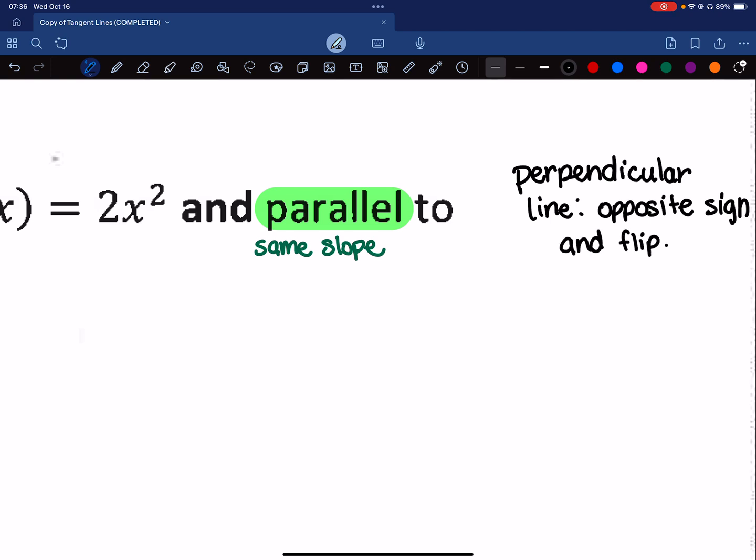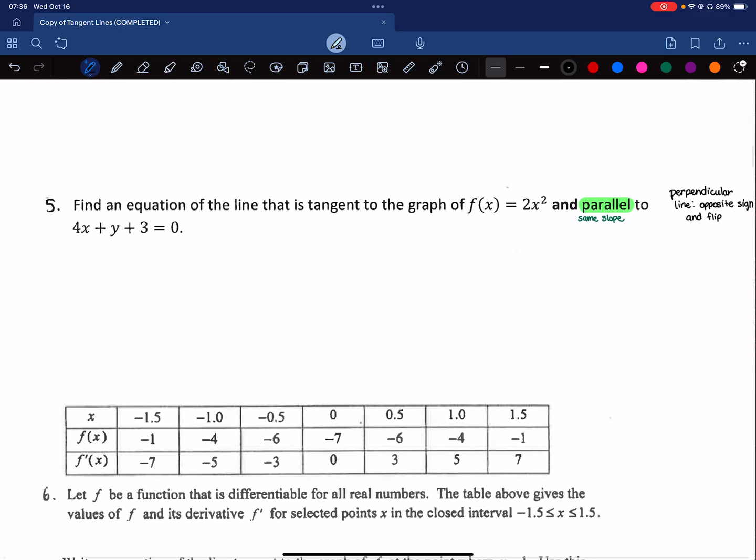So opposite reciprocal. So if you have a negative 1/2, perpendicular slope is a positive 2. If you have a negative 3/4, perpendicular is a positive 4/3. Okay, but in this case, we want the same slope.